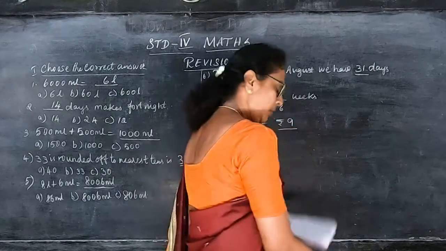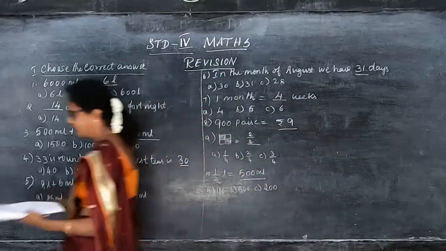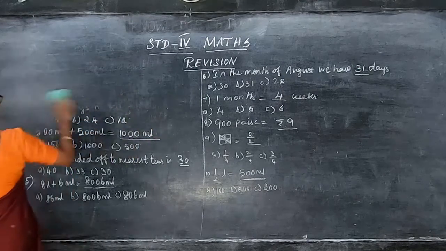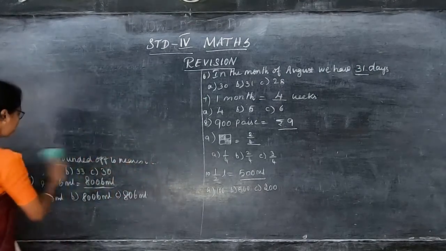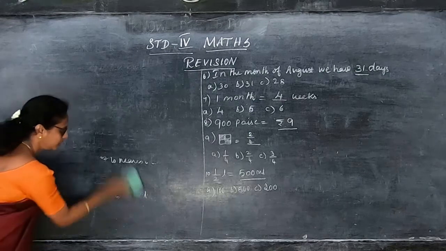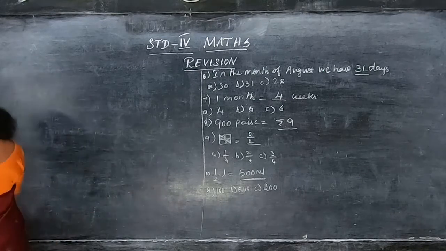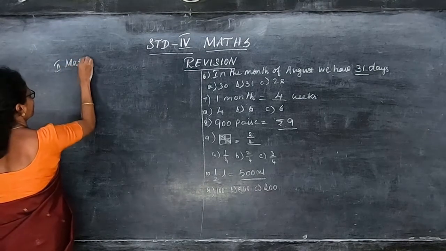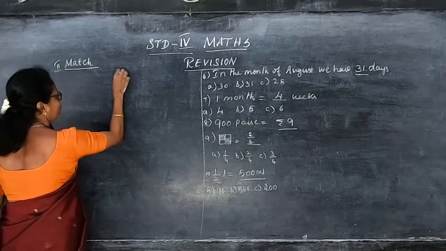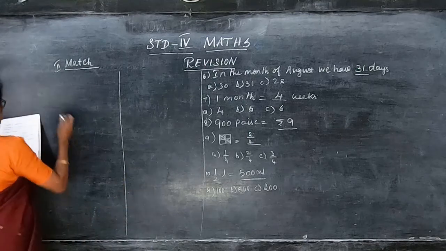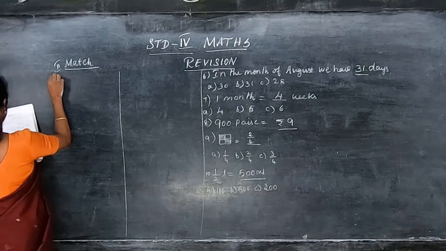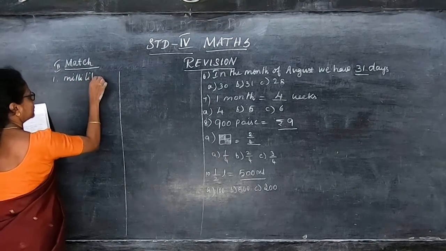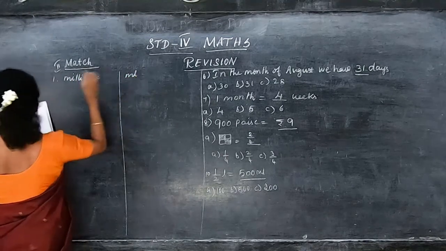The next we'll move on to match the following. So in match the following, I'm going to write the straight answers only. I'm giving the correct answer, straight answer. You can write the match the following straight. So second, milliliter, you can write ml.